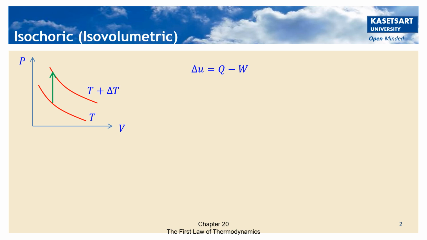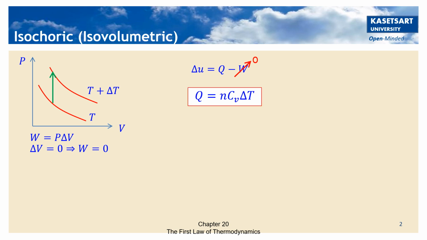From the first law of thermodynamics, delta U equals Q minus W. In this case, the volume does not change, delta V is 0, then work is 0. Then the internal energy change is related to the heat given to your system.